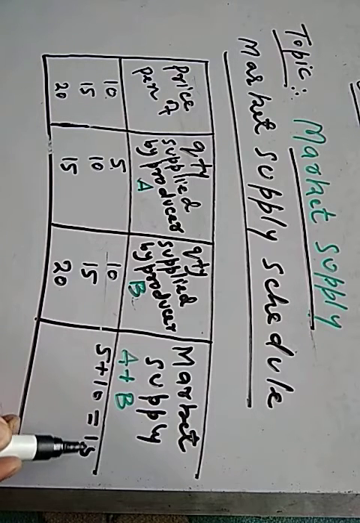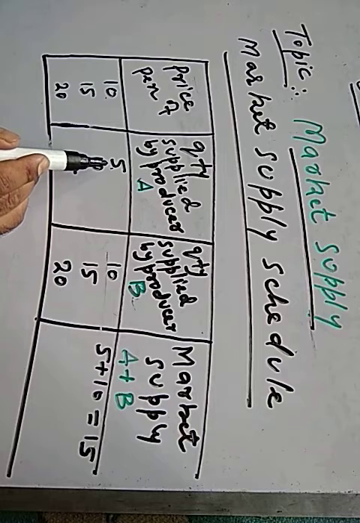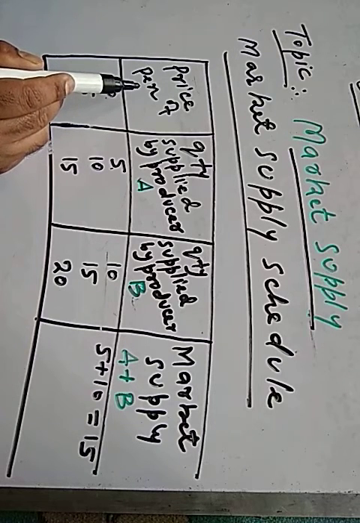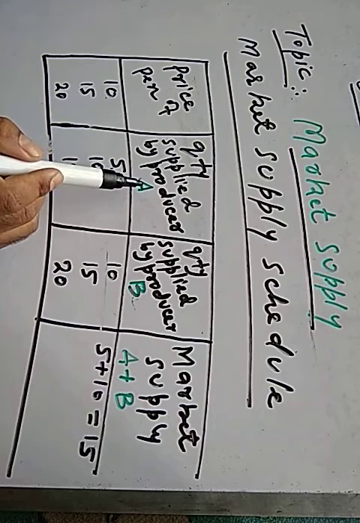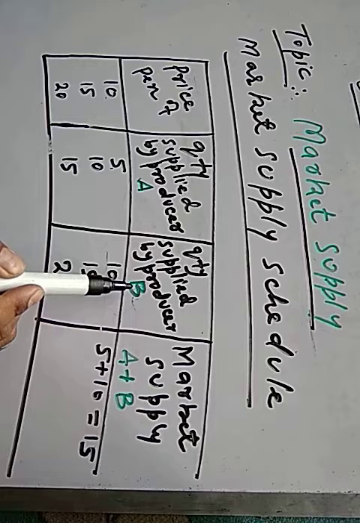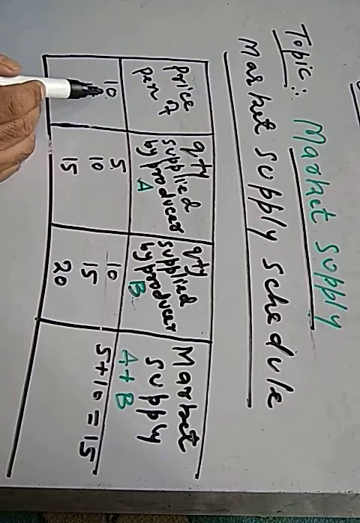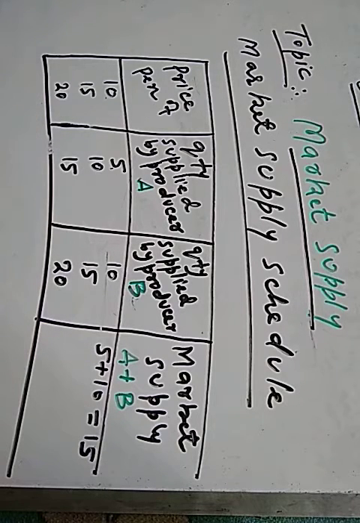Market supply is 15. That is the total supply of commodity pen that all producers, here the producers are producer A and producer B, total producers are 2 here, which they offer for sale at a given price of 10 rupees.